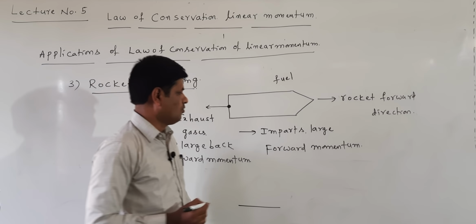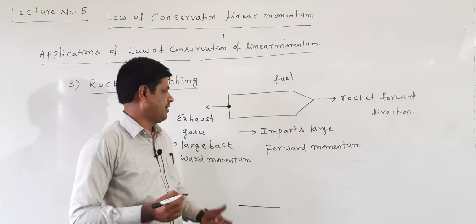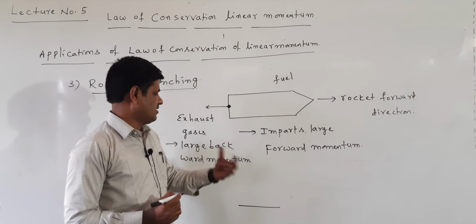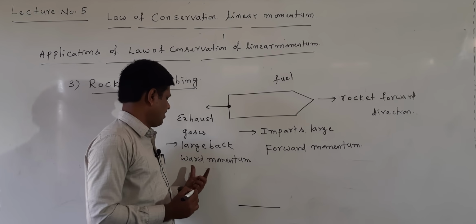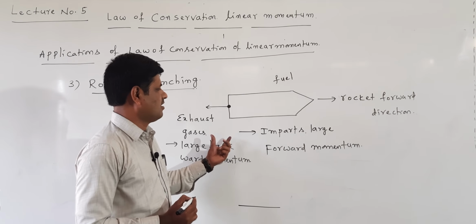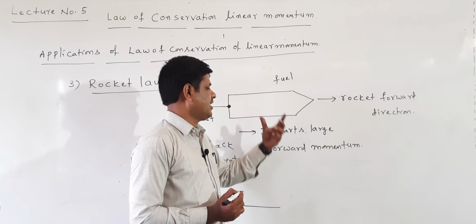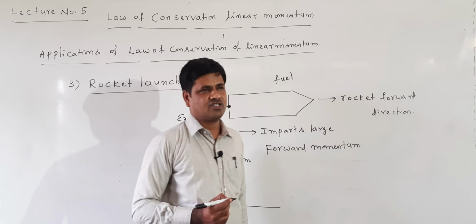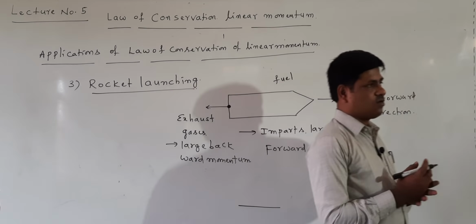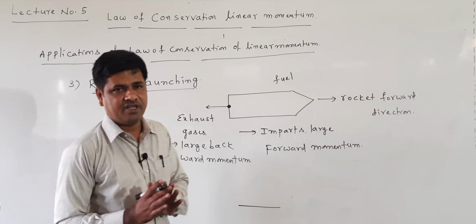Who gives the velocity to the rocket? The exhaust gases, which have a large backward momentum. That momentum is given to the rocket in the forward direction, so the rocket moves in the forward direction. This is totally based on the law of conservation of linear momentum.